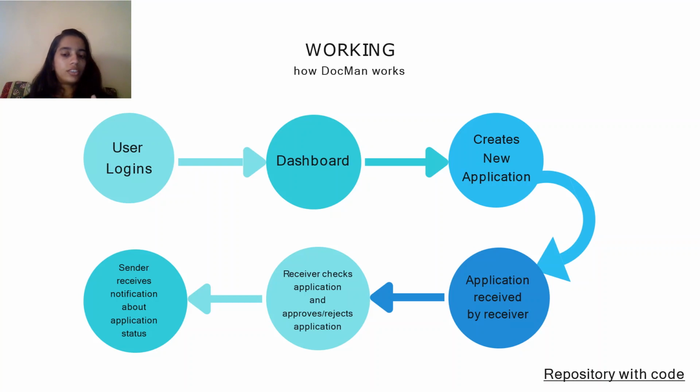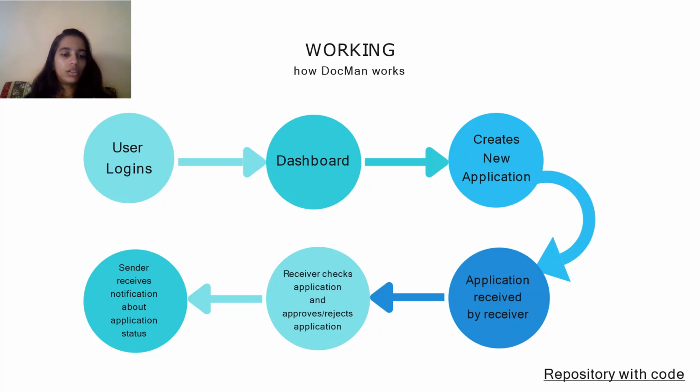Now the authority receives the application. They do the same process, log in to the system, and on the dashboard they can see the applications they received. They check the application, all the details, and whatever action they need to perform. They may approve or reject the application, and suppose they approved it.